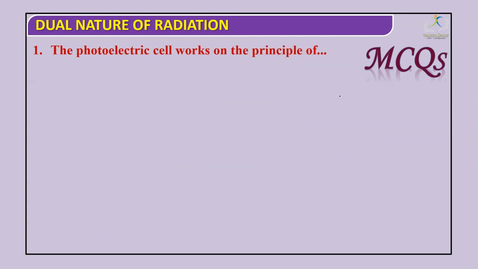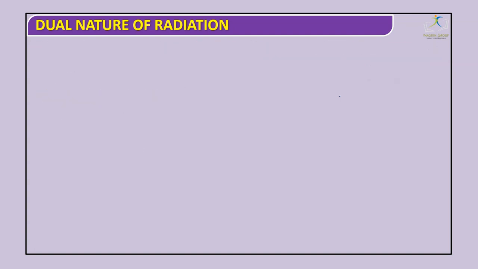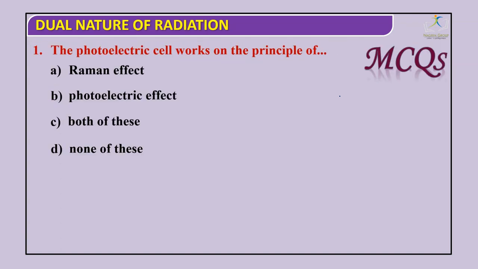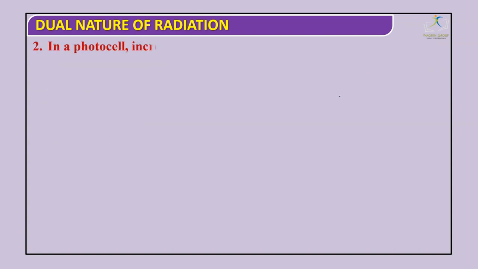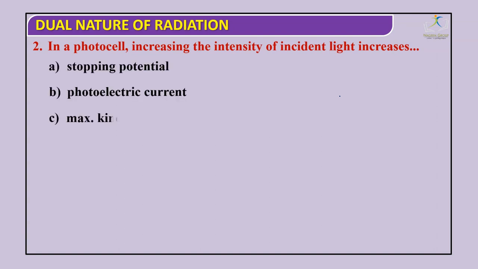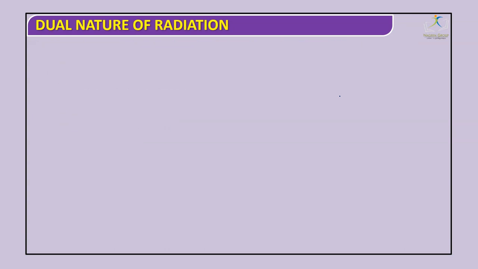The photoelectric cell works on the principle of which effect? The correct answer is the photoelectric effect. In a photocell, increasing the intensity of the light increases: stopping potential, photoelectric current, maximum kinetic energy, or none of these.